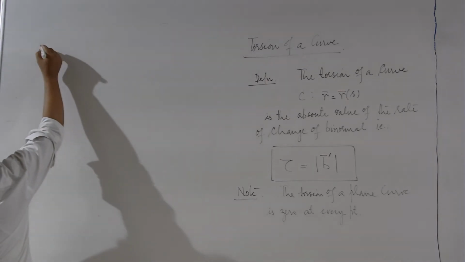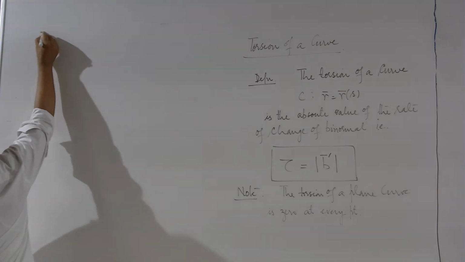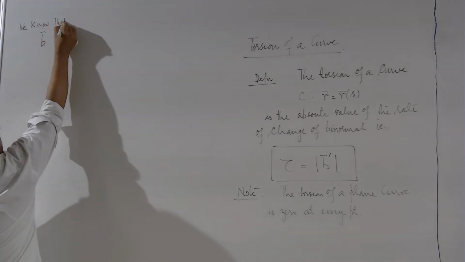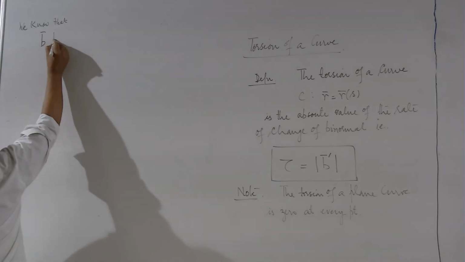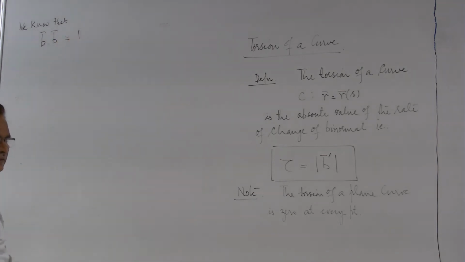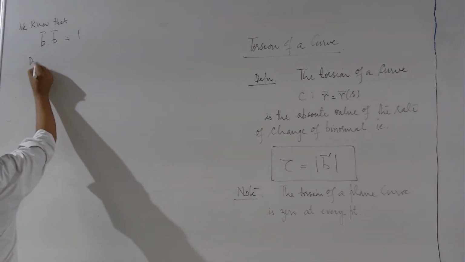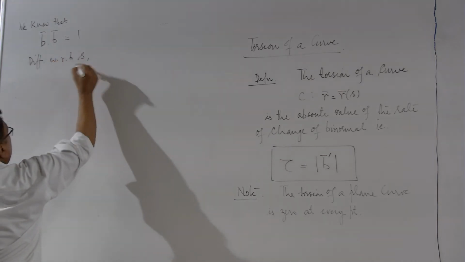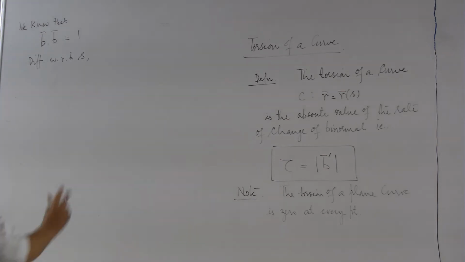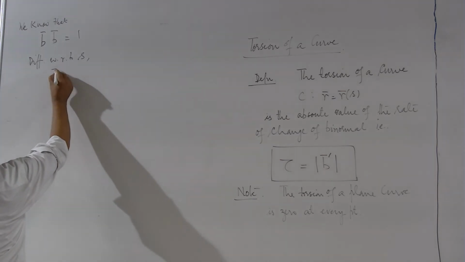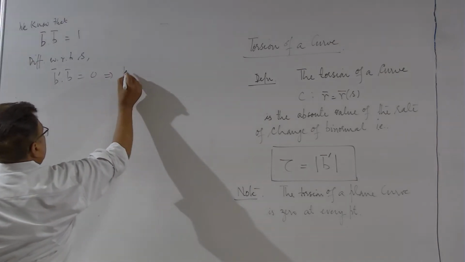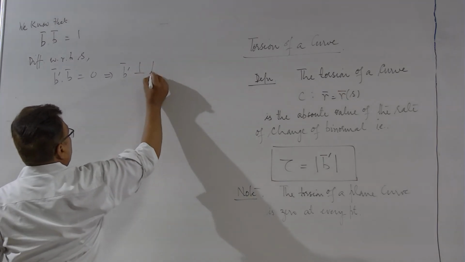You see, b dot b is 1, because it is a unit vector. Differentiating it with respect to s, the above relation will give me b dash dot b equal to 0, and this would mean that b dash is a vector which is perpendicular to b.